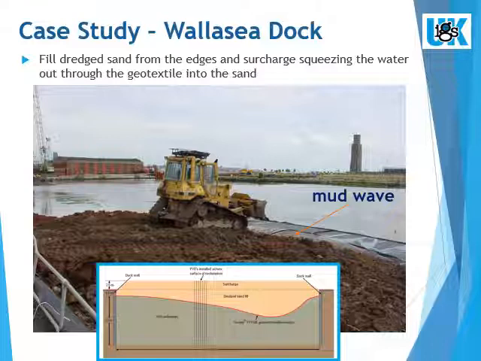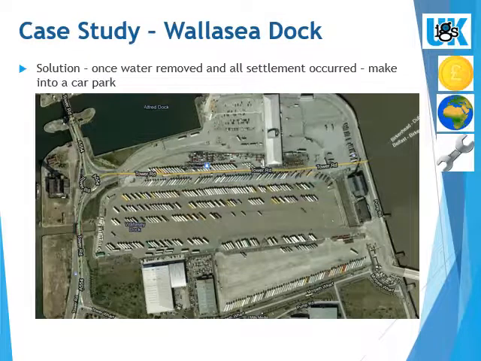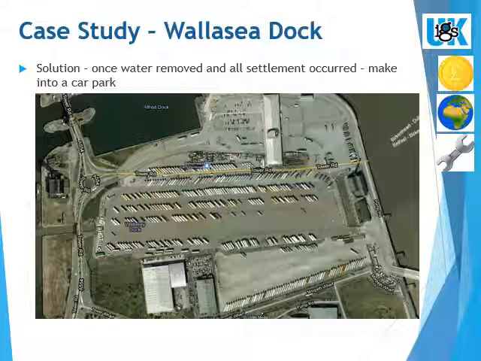The whole surface is covered and then extra surcharge placed on top to accelerate consolidation. Eventually, the silt is dewatered. The settlement is complete, leaving a hard standing for container lorries. This fine filtration method leaves a clean, firm, reusable site with massive savings over removal or treatment of the silt.